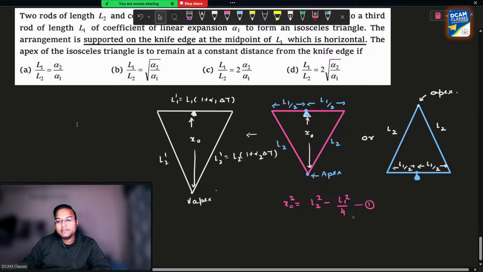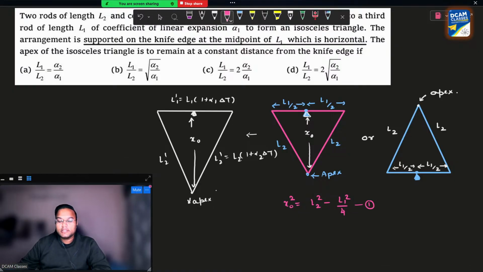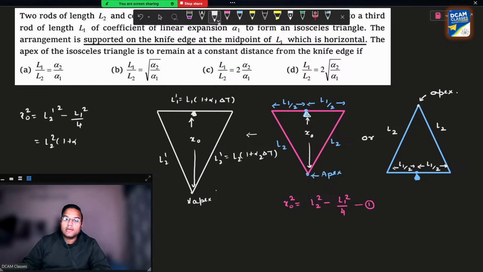For the new case, when the length has increased, x naught square will be equal to L2 dash square minus L1 dash square by 4, which is L2 square into 1 plus alpha 2 delta t whole square minus 1 by 4 into L1 square into 1 plus alpha 1 delta t.